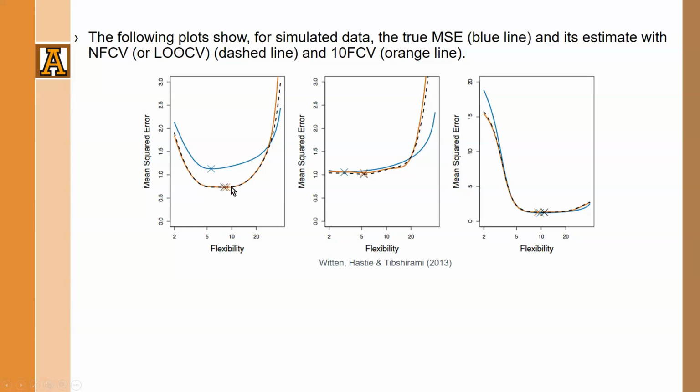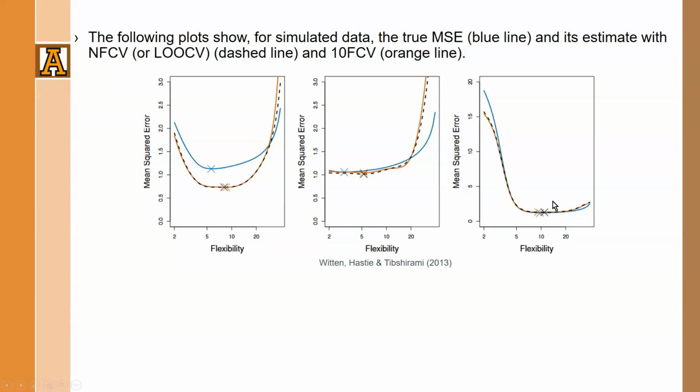And both the leave-one-out cross-validation and the 10-fold cross-validation give very similar results. The same thing happens here. They're both close to the true minimum value, and the same thing happens here.